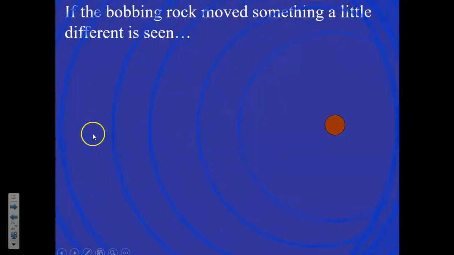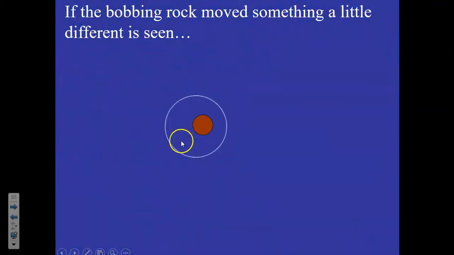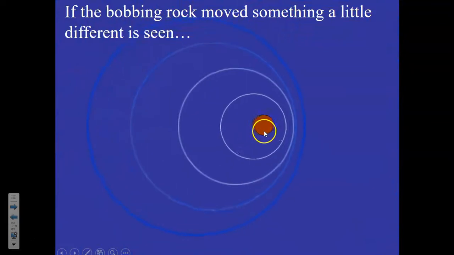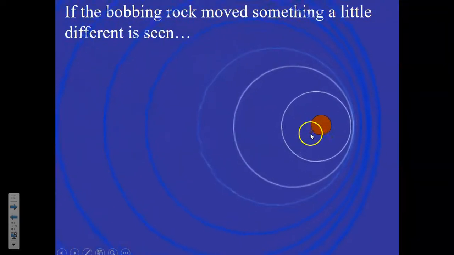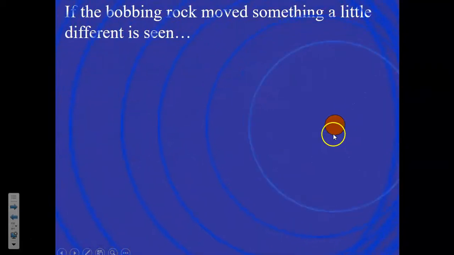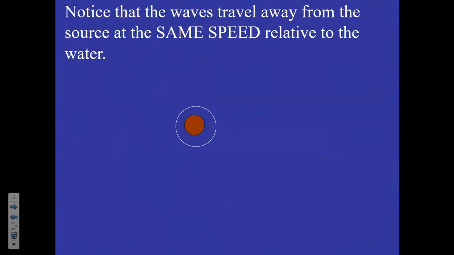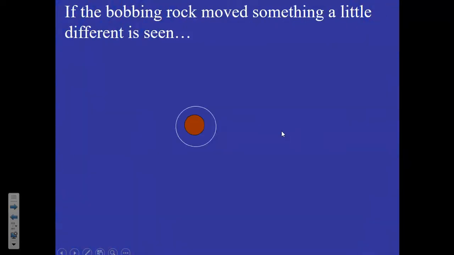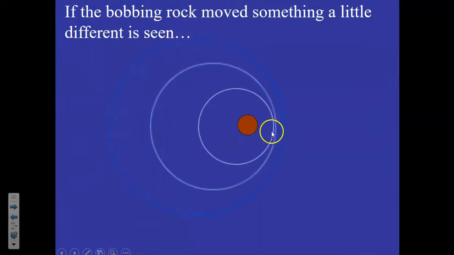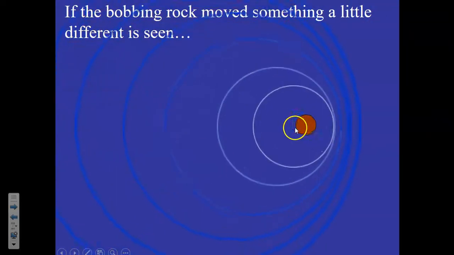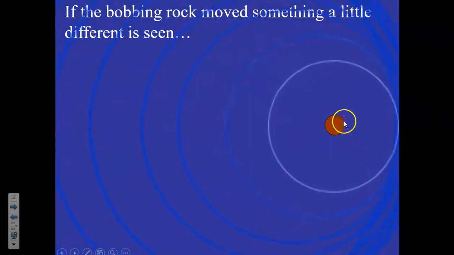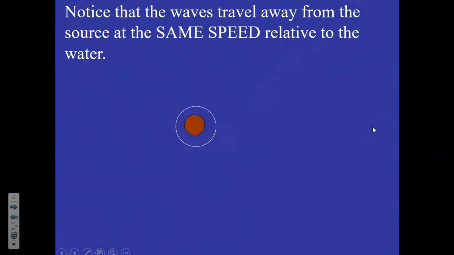This really is the Doppler effect. Those waves are sent from where the log is, and as it's moving, the waves are constantly being sent from different locations. That's why they're not concentric. If it's stationary, the circles are concentric, but if it's moving, the circles are not concentric, and they get bunched up on the side that it's moving towards.